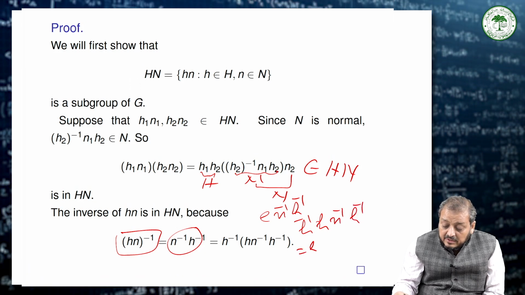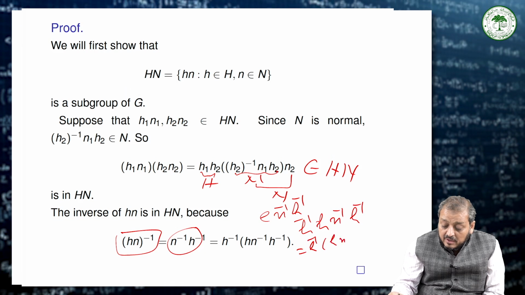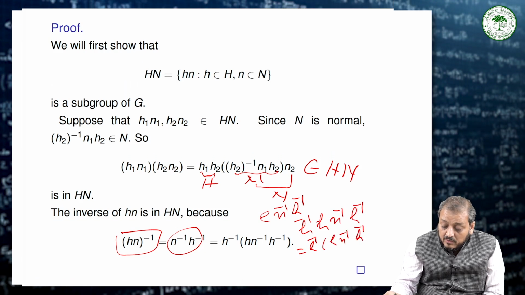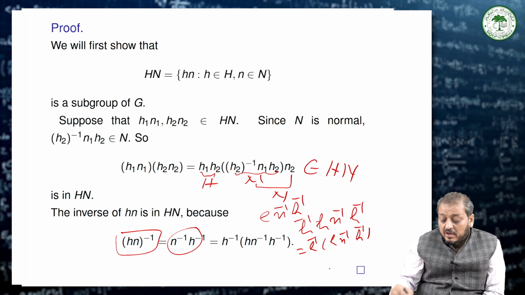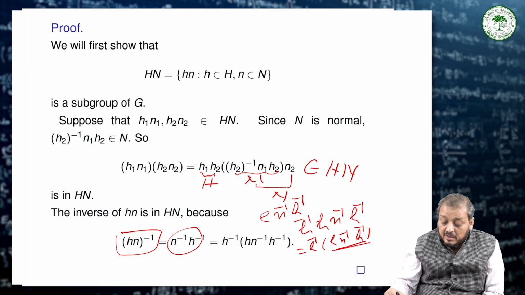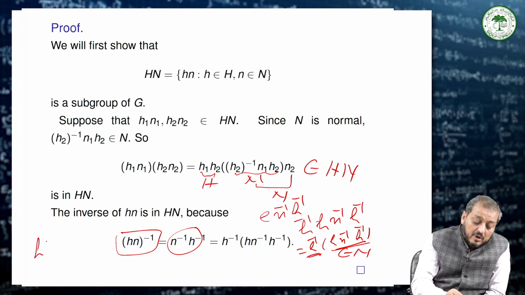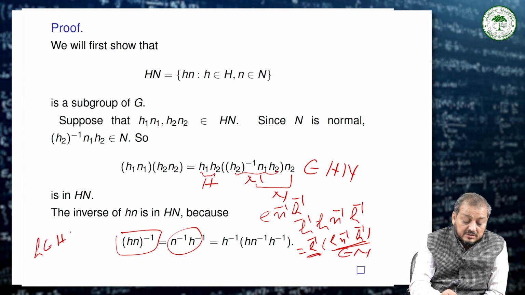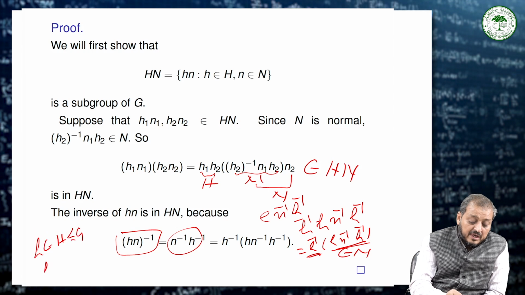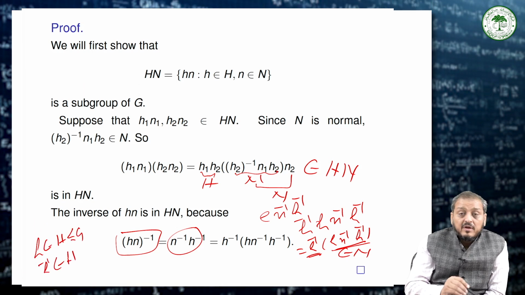Now again h inverse, then you have h n inverse h inverse, and H again is a normal subgroup. This is an element of N, and this is an element of H, because if h is an element of H and H is a subgroup of G, then h inverse is also an element of H.